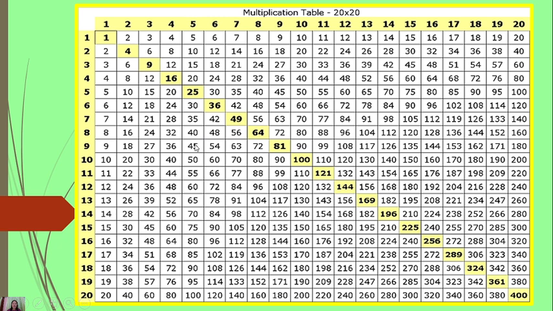Therefore, square root of 45 is in between of 6 and 7. Okay, another one. Let's say, square root of 160. Nasa pagitan siya ng 144 at saka 169. Ibig sabihin, square root of 160 is in between of 12 and 13. Okay. Next.